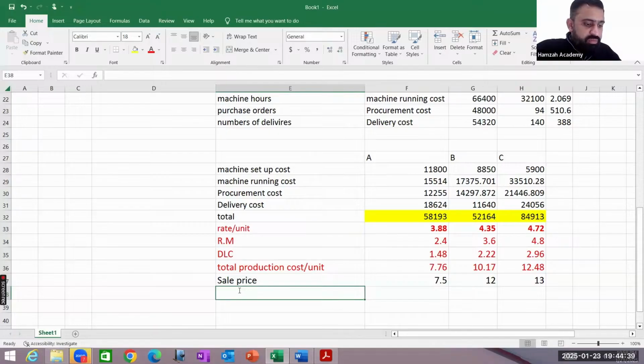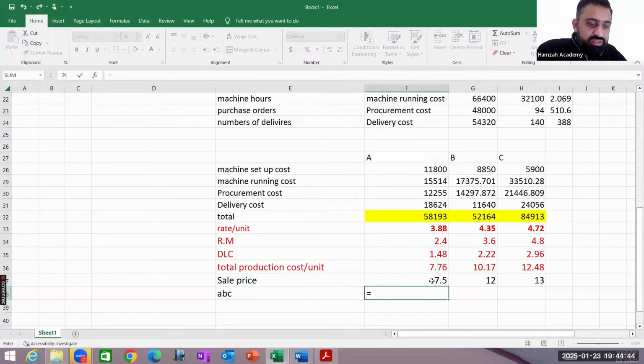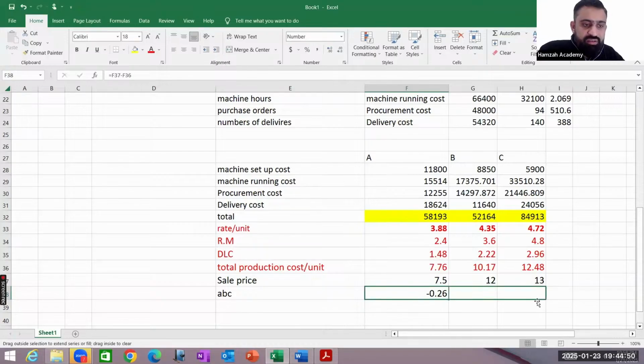Now, in ABC costing, the profitability is 7.5 minus 7.76. So A is loss-making and B and C are profitable products.